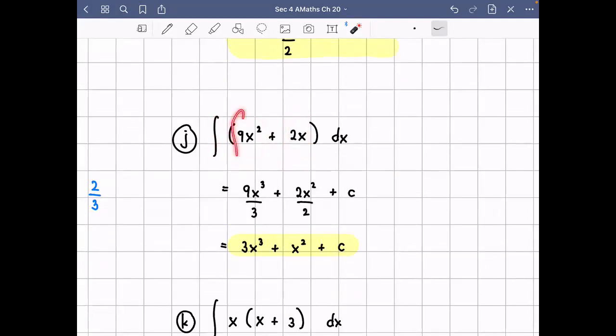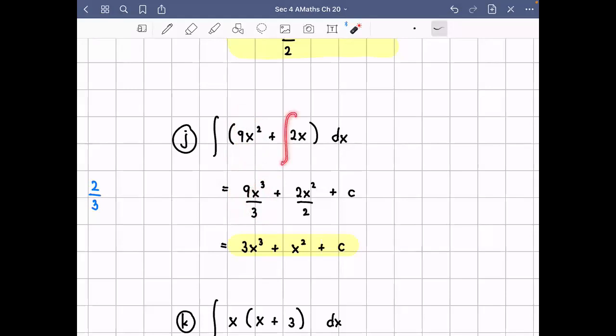The antiderivative of 9x squared: bring down 9, and then we get the antiderivative of x squared, which is again x cubed over 3. It's cubed because it came from 2 plus 1, and whatever your index is your denominator. So this is the antiderivative of 9x squared.